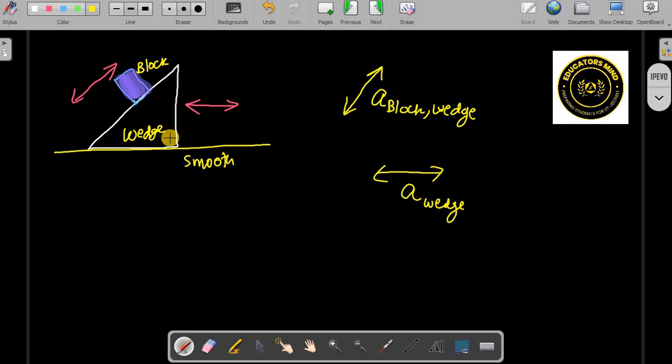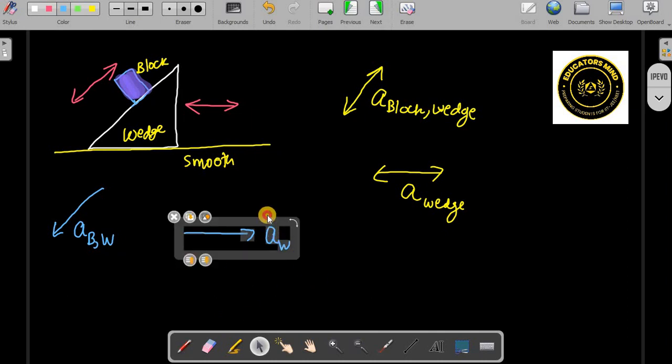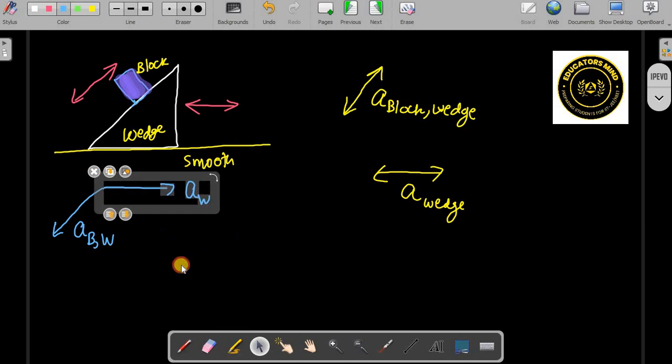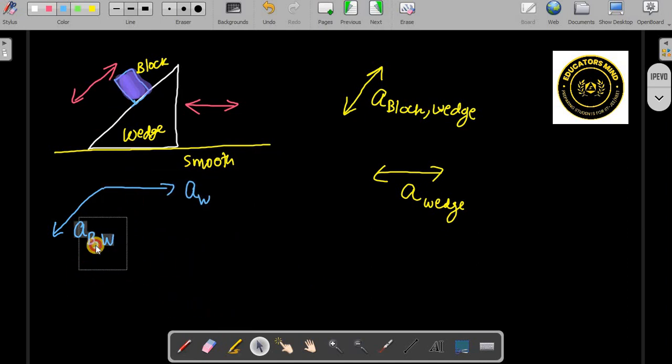Now if you want to find the acceleration of the block, take a condition. Suppose you release the block, the block is going to move down like this. This is the acceleration of the block with respect to the wedge, and the wedge will move in this direction. To calculate the acceleration of the block, you need to add these two vectors, which is vector addition.